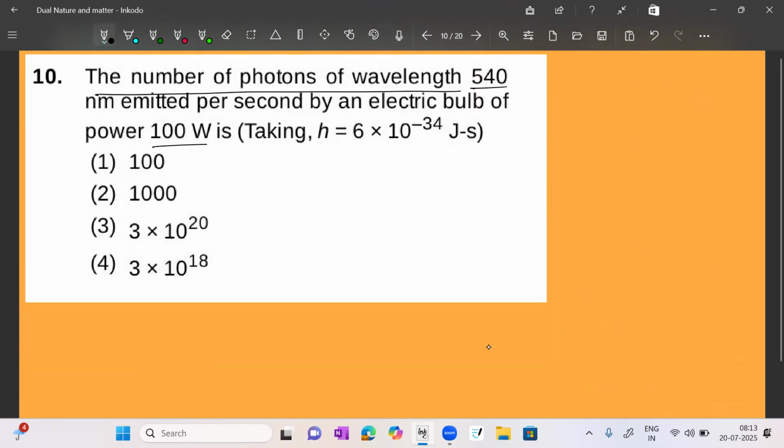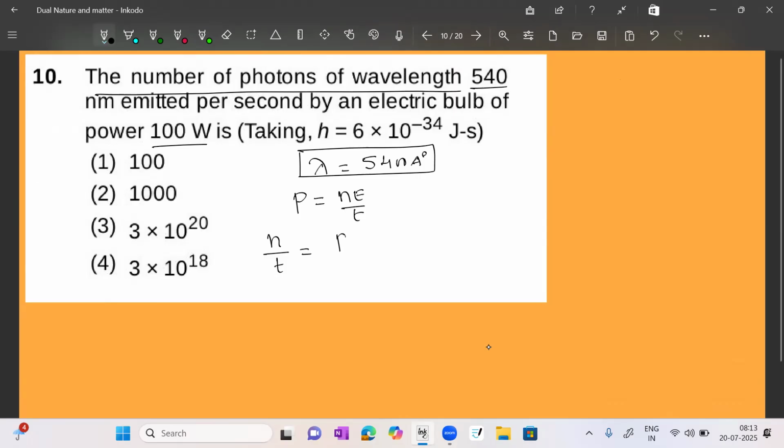I will write the wavelength 5400 angstroms. Generally the power formula we have is nE by t. They ask the number of photons emitted, so n by t they ask.